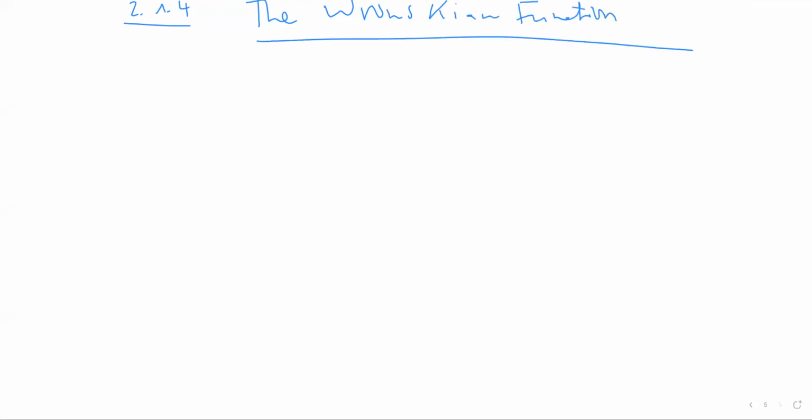Next, we do 2.1.4, which is the Wronskian function.